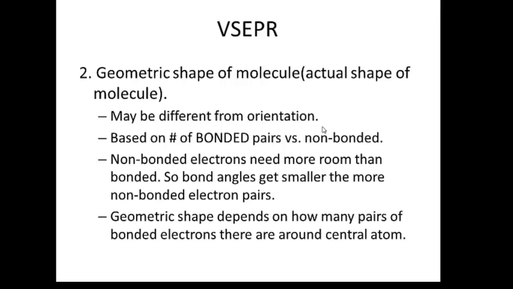Most of the orientations just say less than when you have lone pairs, with the exception of tetrahedral. Geometric shape will depend on how many pairs of bonded electrons there are around the central atom. So again, orientation is bonded and non-bonded. Geometric shape is bonded versus non-bonded.